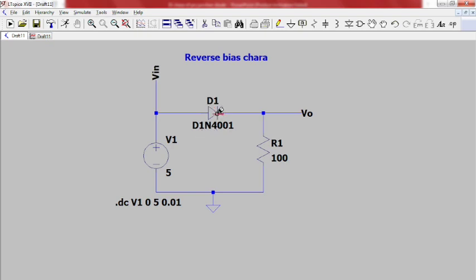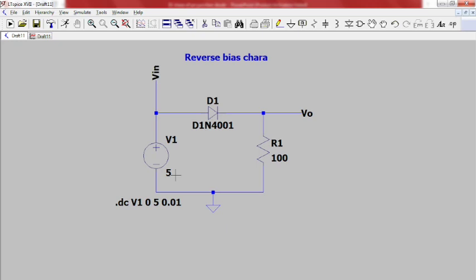In forward bias condition, we applied a positive voltage to the diode. In reverse bias condition, a negative voltage should be applied to the diode. So we have two options: either we can rotate the diode, or we can change the voltage value to negative.